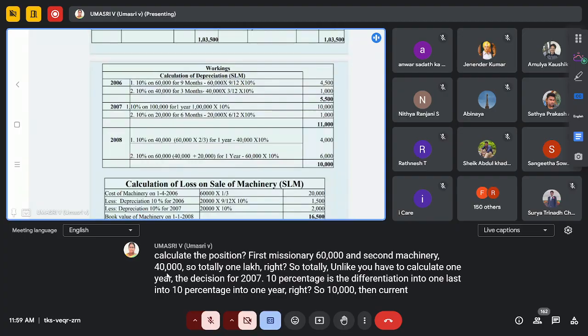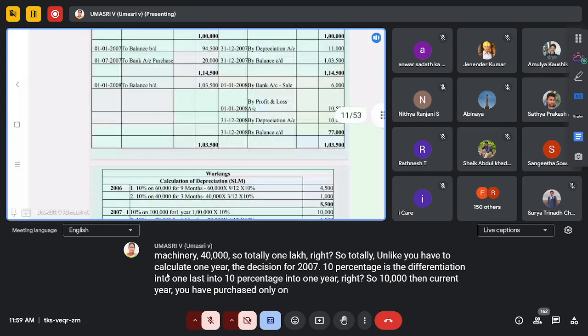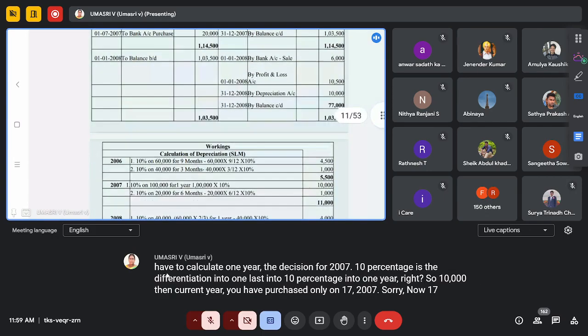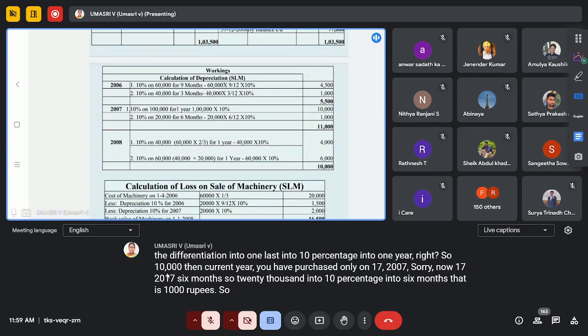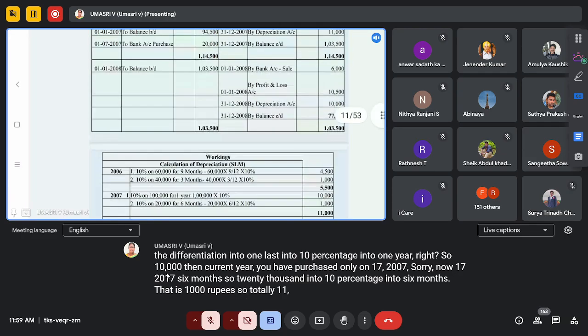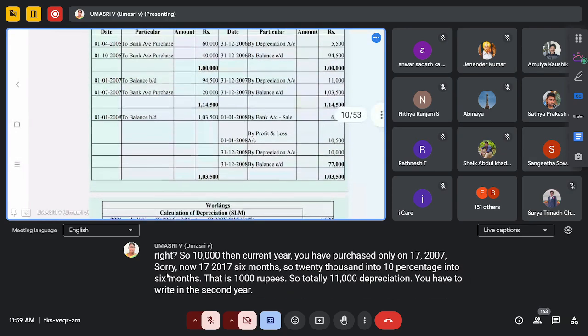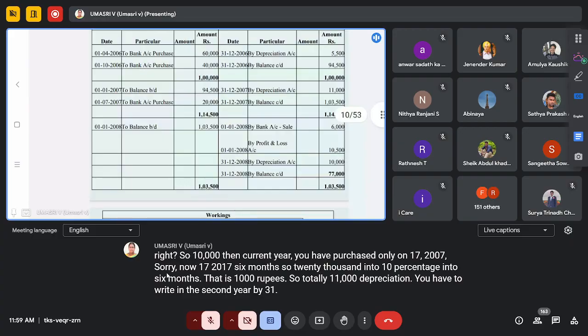Then the current year purchase was on 1/7/2007, 6 months. So 20,000 into 10% into 6 months, that is 1,000 rupees. So totally 11,000 depreciation you have to write in the second year, by depreciation on 31/12, at the end of the year 11,000.